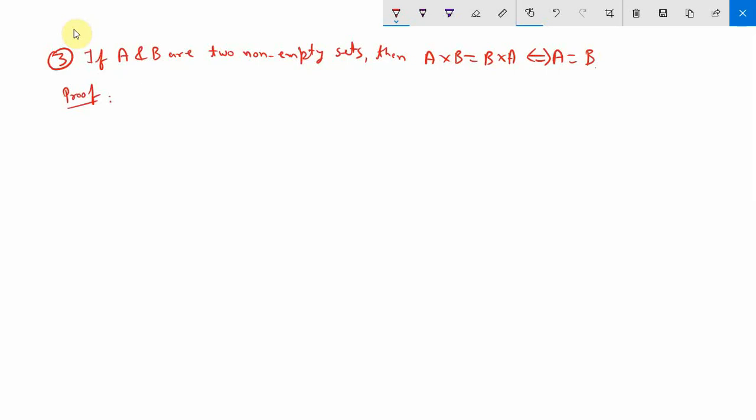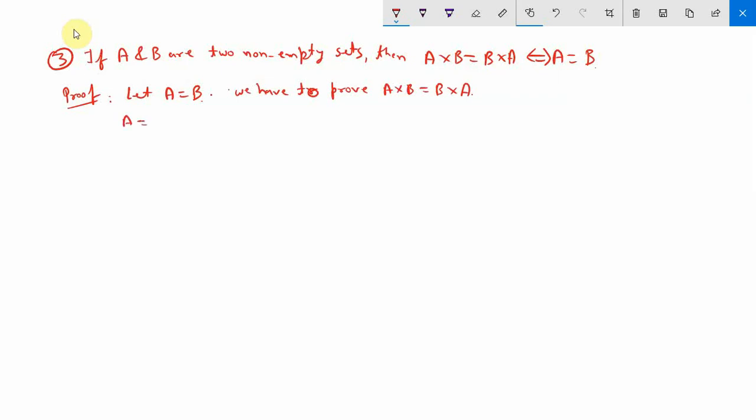So how we can start? So we will start with let A equal to B. We will start from there. Then we have to prove A × B equal to B × A. So we have to prove A × B equal to B × A. Okay.